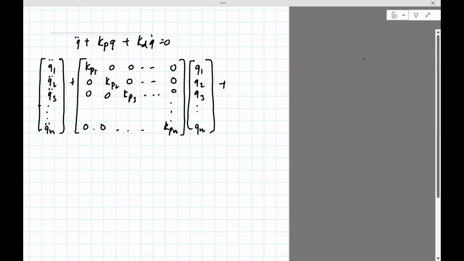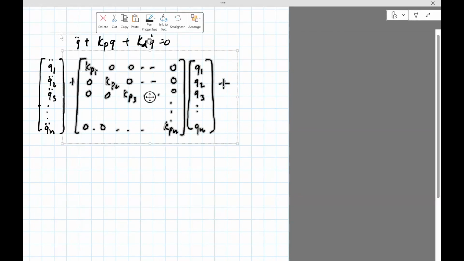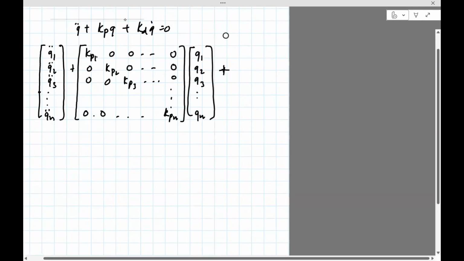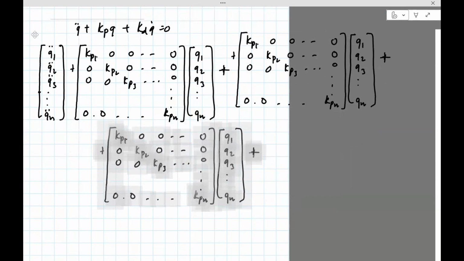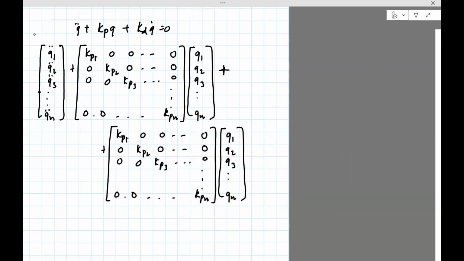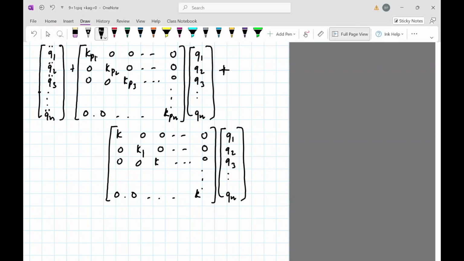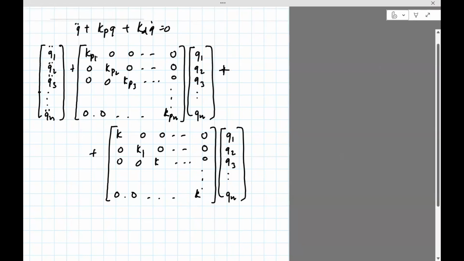And then there's a third term, which I'll copy from here. So the third term would be KD1, KD2, KD3, KDn, multiplied by Q1 dot, Q2 dot, so on till Qn dot equals 0.